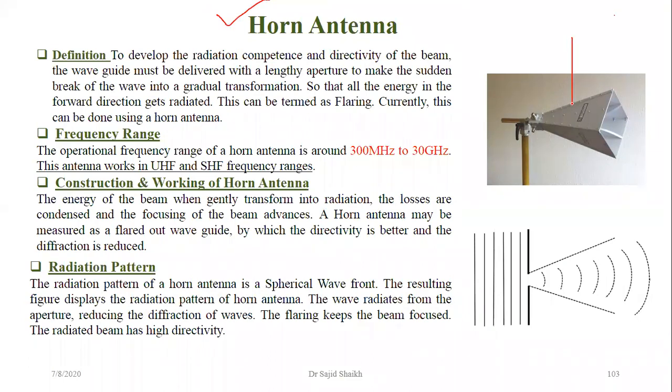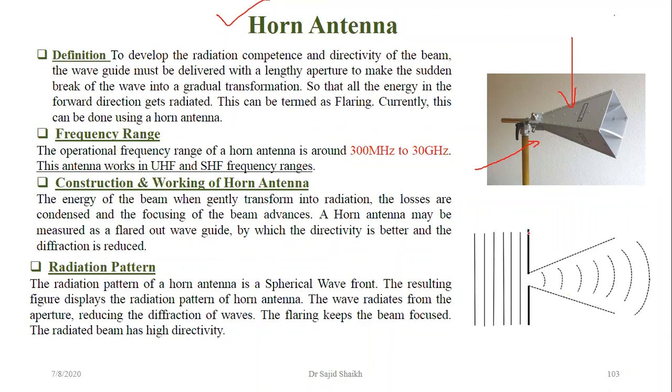This is the actual image of a horn antenna. If somebody asks you, sir, how does the horn antenna look, this is the diagram which shows the shape of the horn antenna, and this is the radiation pattern of the horn antenna.